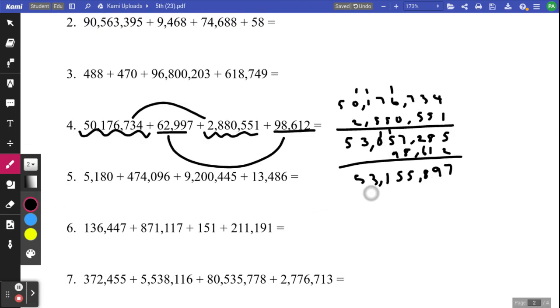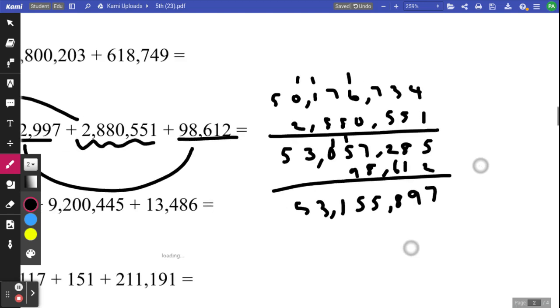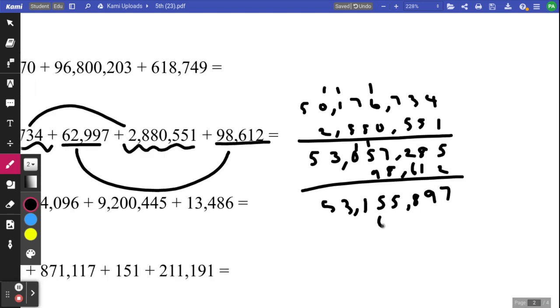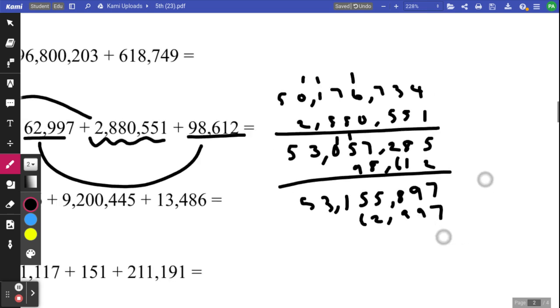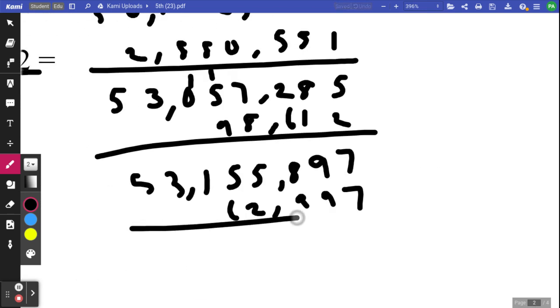Okay, and lastly, we're going to do the last number, which is 62,997. So you're going to carry the 1, and 1 plus 9 plus 9 is 20.